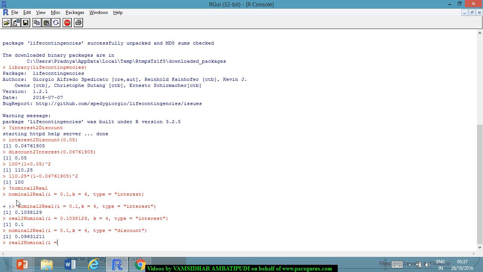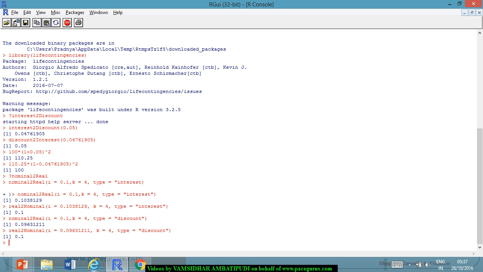I equal to 0.0963. Then I'm taking k equal to 4 and type equal to discount. So again I'm getting back my 10.